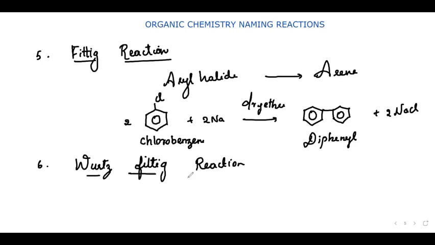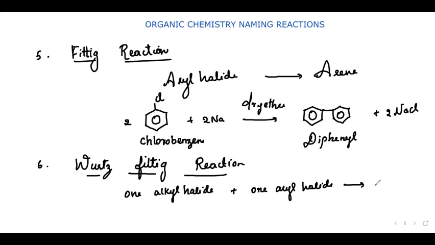In Wurtz-Fittig reaction, one is alkyl halide and another is aryl halide. Both react to give a hydrocarbon.